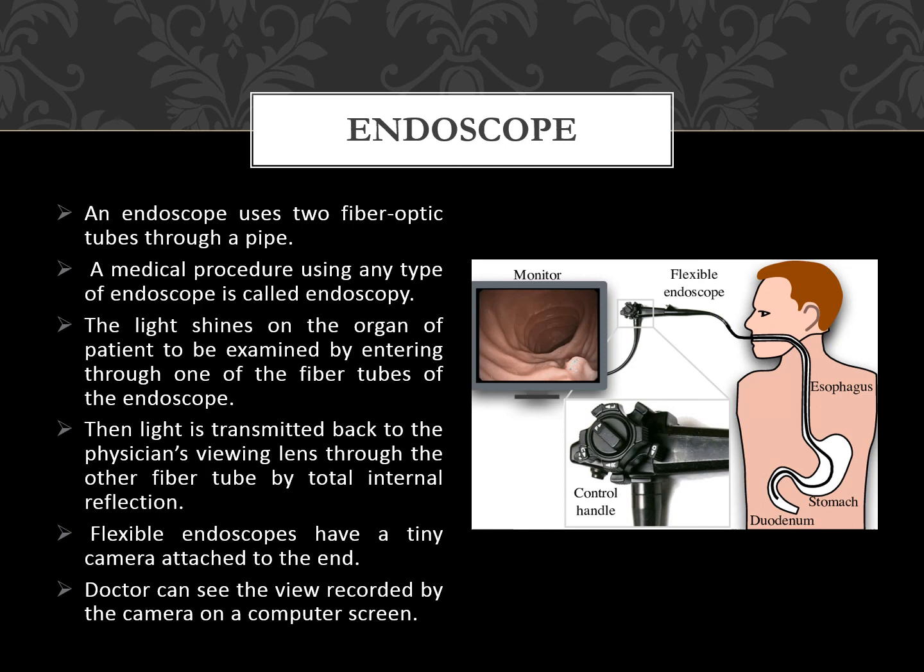Flexible endoscopes have a tiny camera attached to the end, as you can see in the previous one. The doctor can see the view recorded by the camera on a computer screen. So in this way, they can monitor all the internal organs of the human body by using endoscopy.